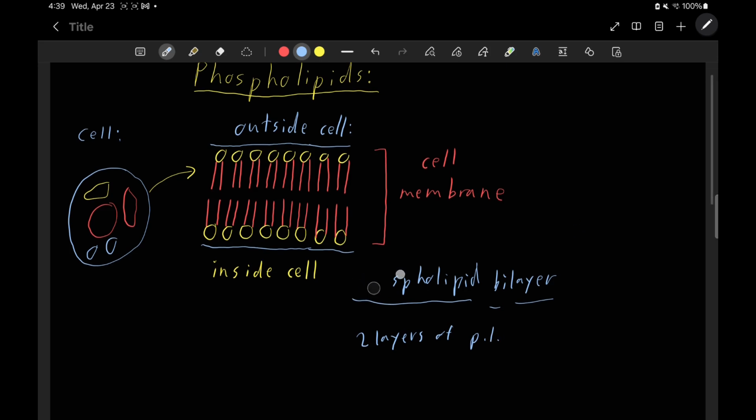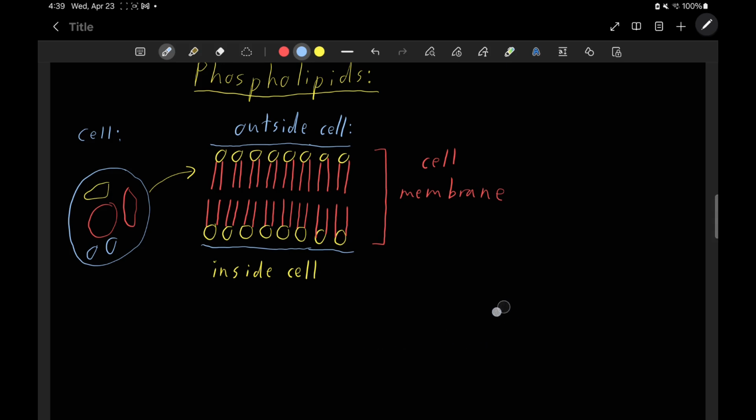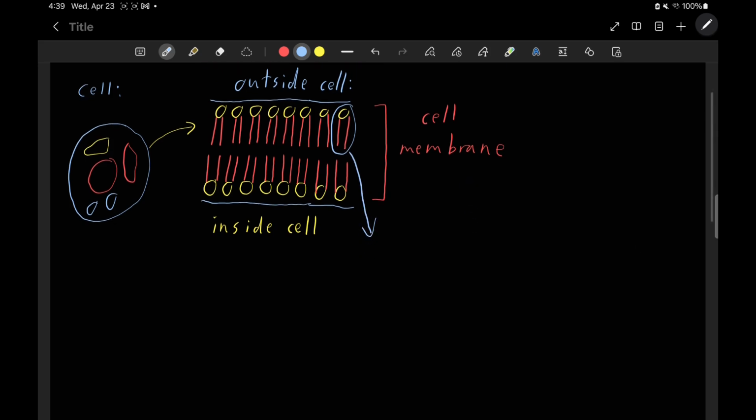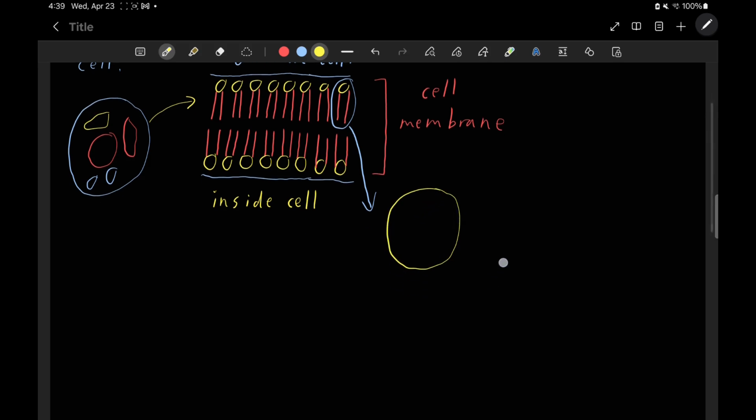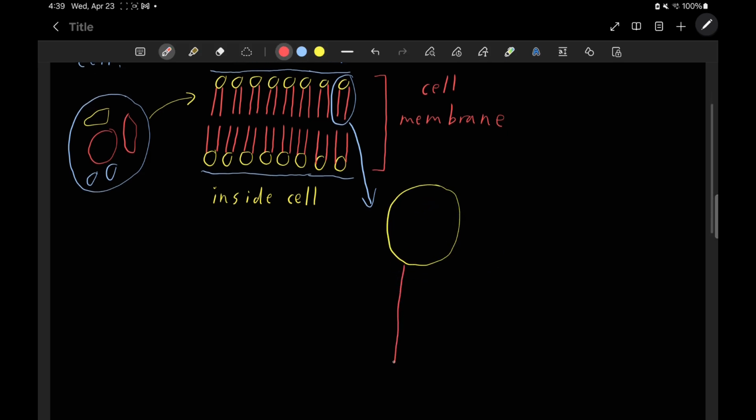Well, you see each of these things we have here in our cell membrane, each of these little components with the yellow circle and these two red lines, each of these represents a phospholipid. So let's zoom in and see what this is. A phospholipid basically consists of, so you have the head, right?